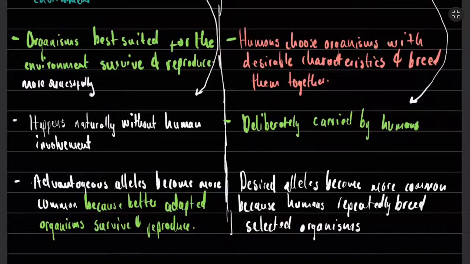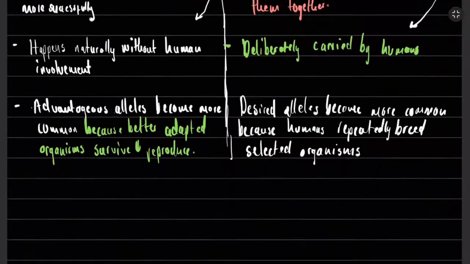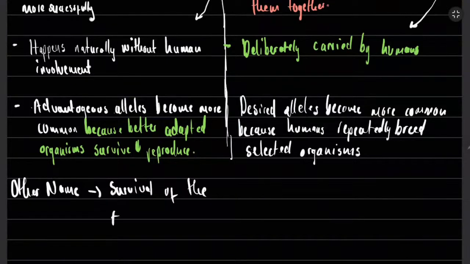Hello? Are we together? Other name for this is survival of the fittest. Other name for artificial selection. What is the other name? Selective breeding.